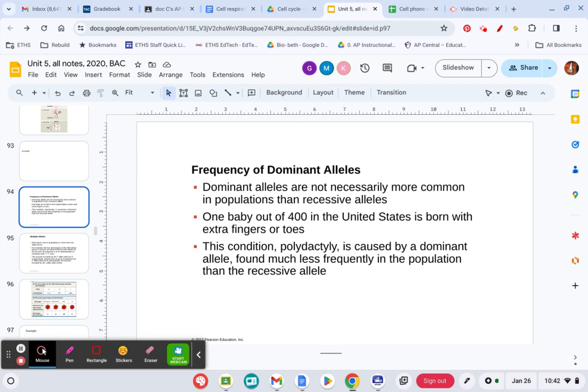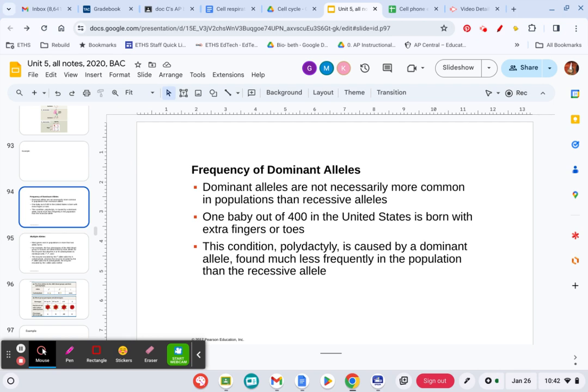Even if you did, it'd be one person. It's saying here one baby out of 400. So it's pretty small. Dominant doesn't mean more common in the population. It just means that if it's in the mix with another allele that is recessive, it will show itself. It's going to dominate over that other allele.